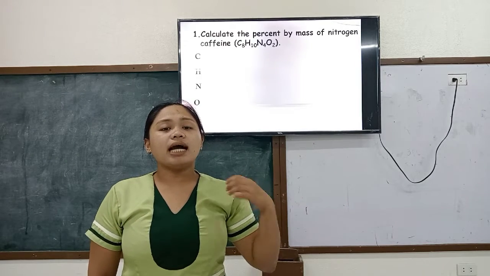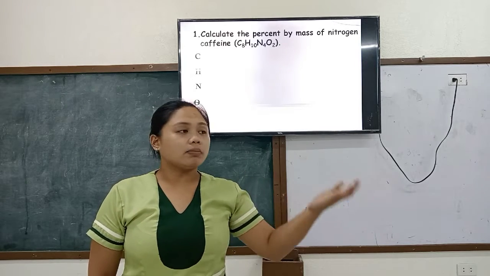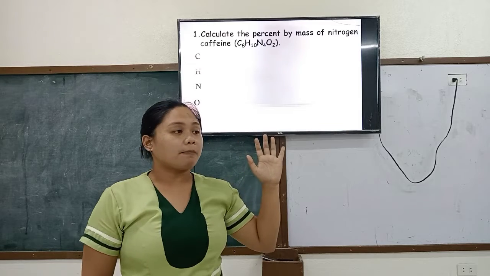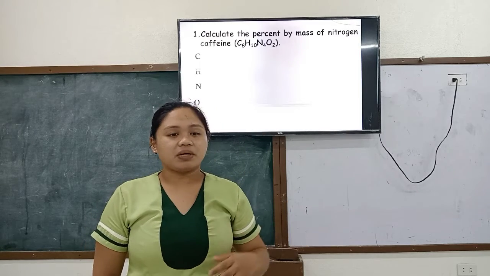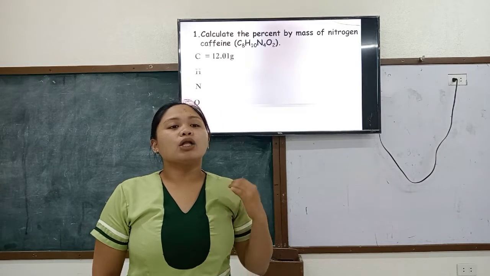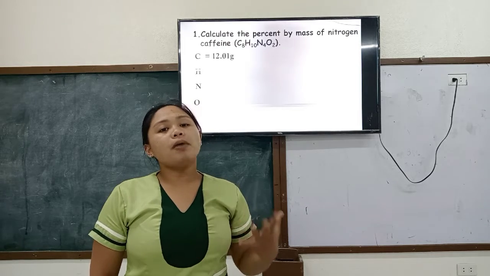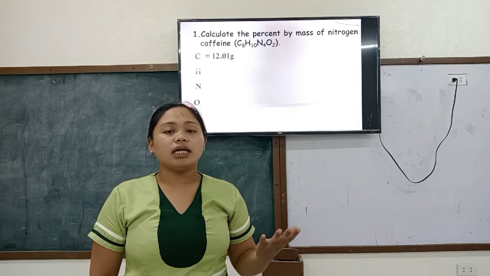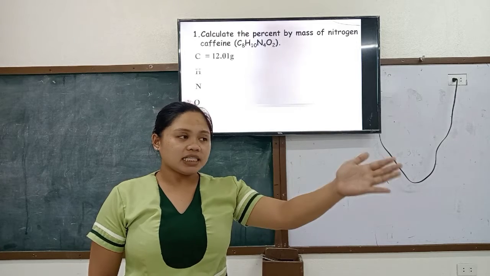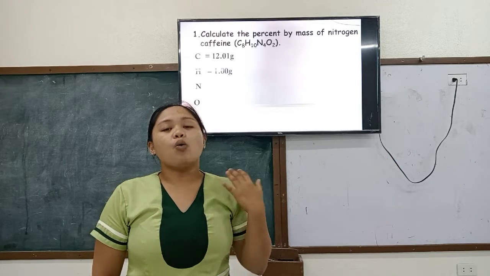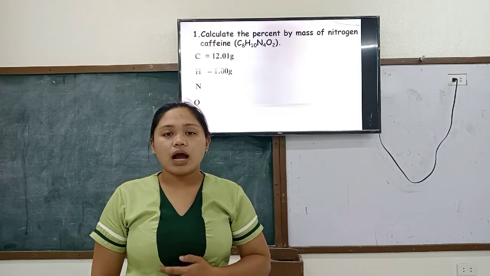Now, what is the atomic mass of the carbon? Yes, that's correct. So it is 12.01 grams. Now, how about the atomic mass of the hydrogen? Yes, that's good, which is 1.00 grams.